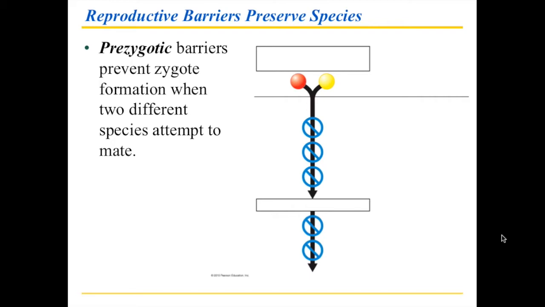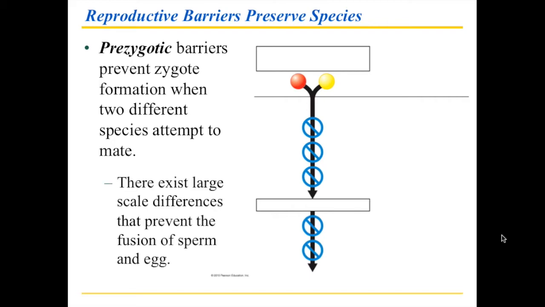But what if things are very similar? In this case, one of the things that you can come up with is a series of barriers that start with pre-zygotic barriers. Those are barriers that occur before any kind of development can begin, before the zygote is formed.